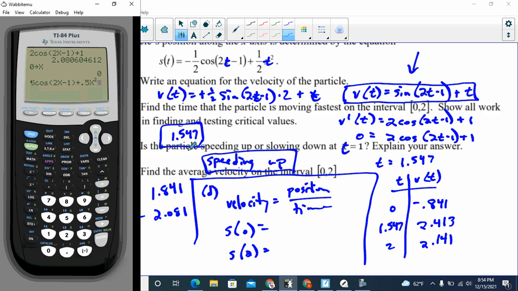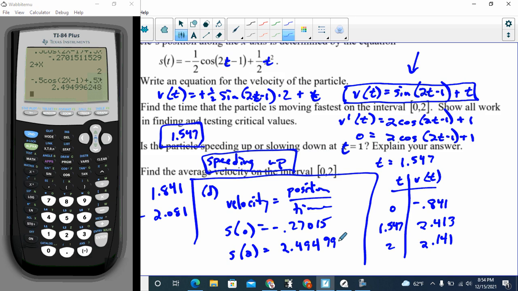So plugging it into negative 1/2 cosine of 2x minus 1 plus 1/2 x squared gives me negative 0.27015. Plugging in 2 into the same equation gives me 2.494996.